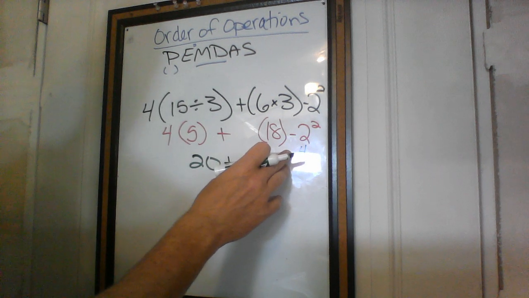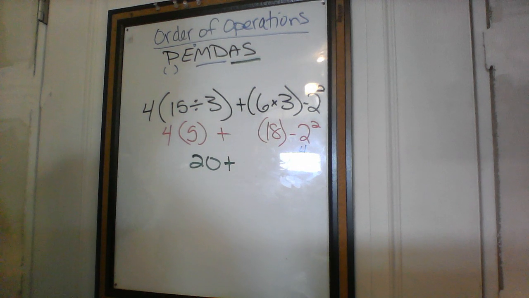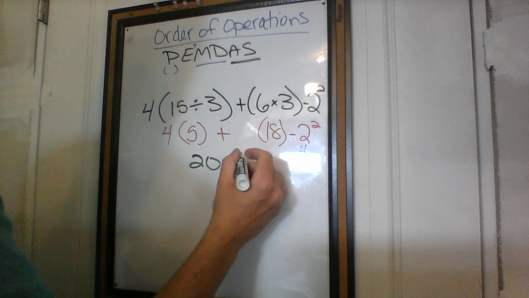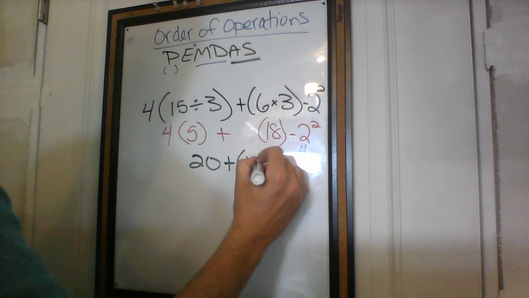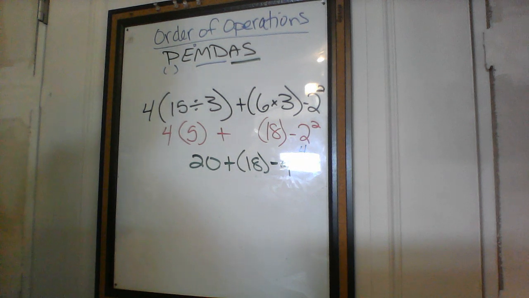No multiplication or division here, but then we can move on to our addition and subtraction. It is the exact same. We work left to right, whichever one comes first. So we have our 18 minus 4. Okay, this is where I say we have to do things the correct way.